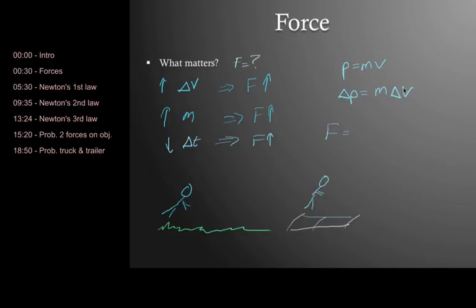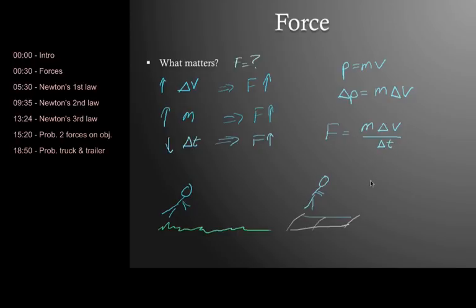Here we wanted force to be bigger when mass got bigger, and bigger when delta v got bigger. Both of these are linear, so m delta v. As m gets bigger and delta v gets bigger, force gets bigger. But here, when delta t gets smaller, force gets bigger. So what that means is you need to put that on the bottom.